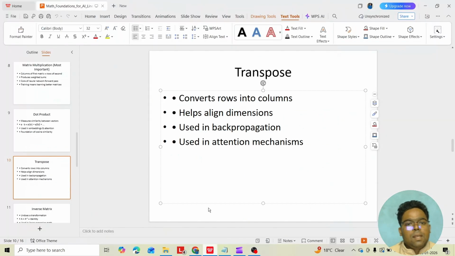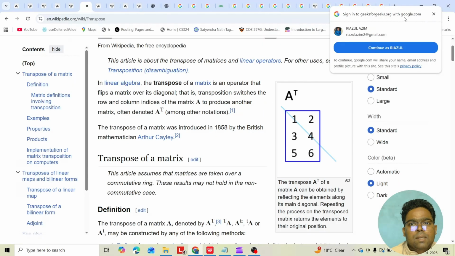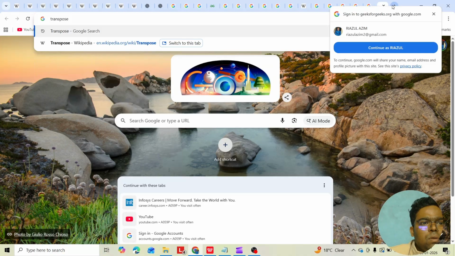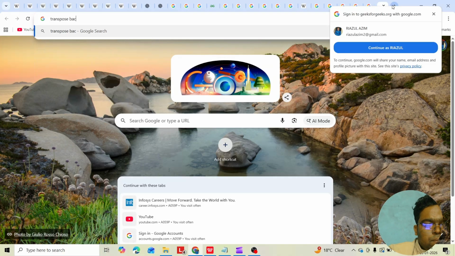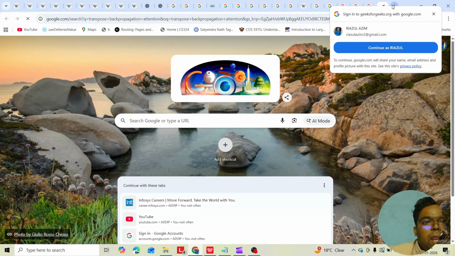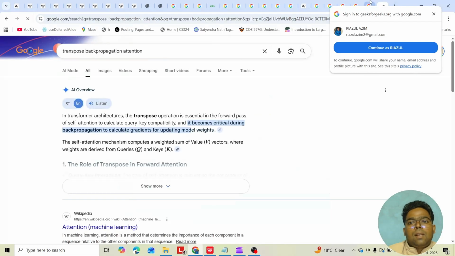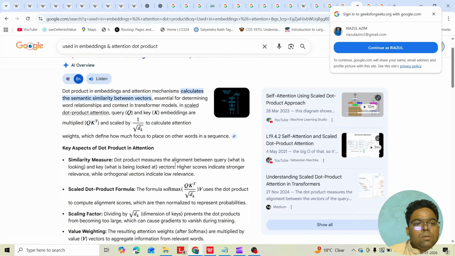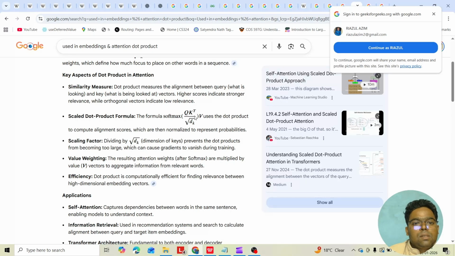So next, it is used in back propagation and the attention mechanism. In attention, this vector that I mentioned before is K transpose, so here it is used.